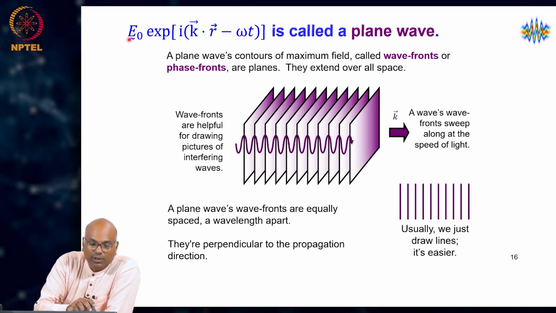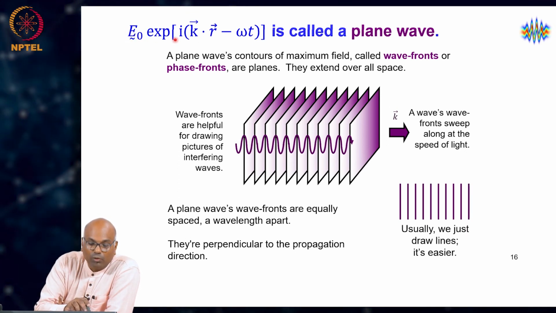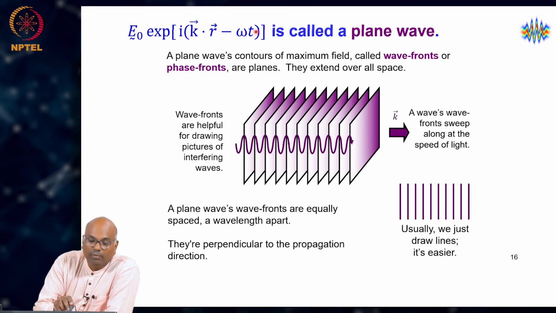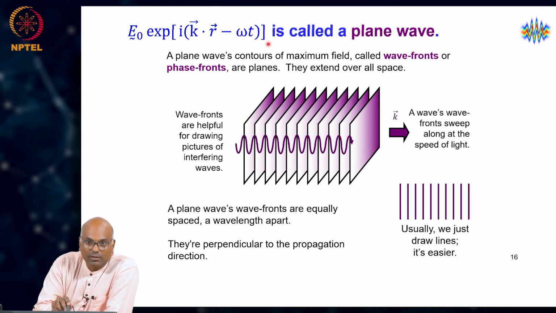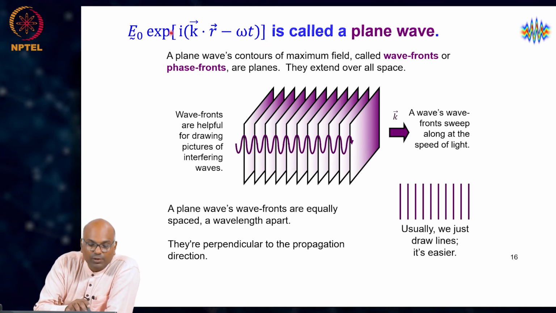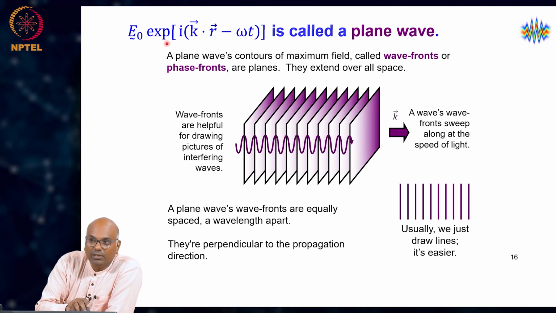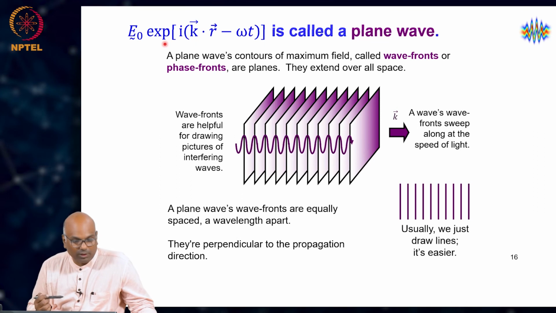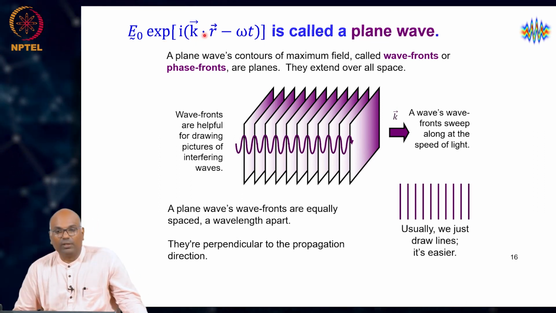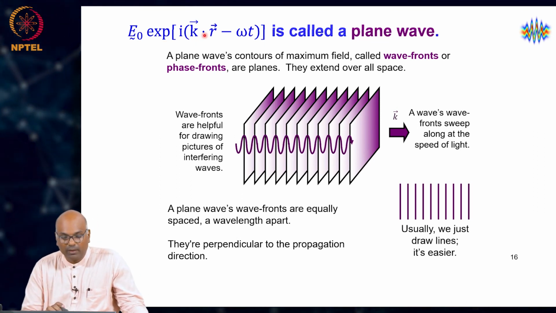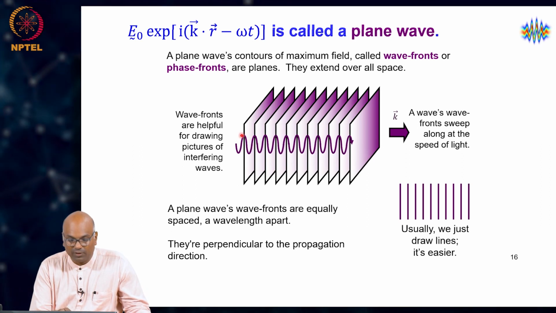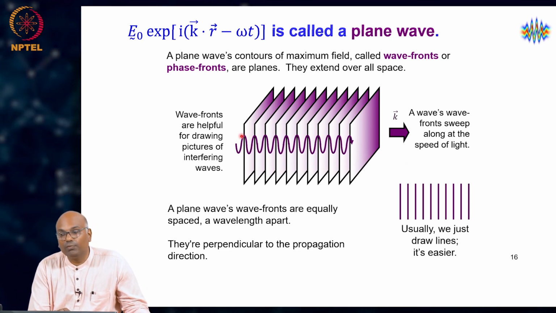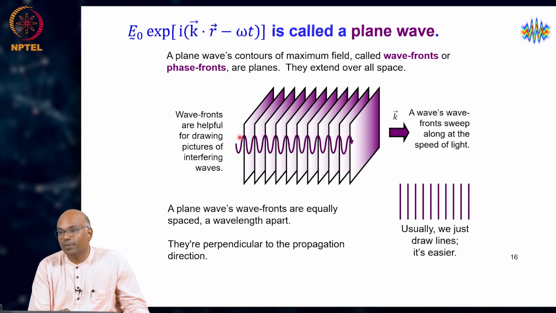So, if this were to be written as E naught cosine k dot r minus omega t plus theta, instead of using the imaginary exponent here, then at r being 0 and t being 0, the maximum of this wave would have had a positive maximum.